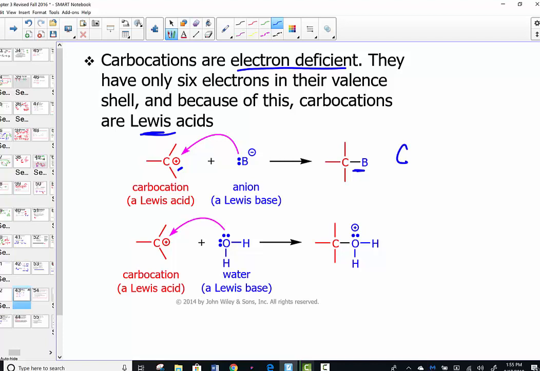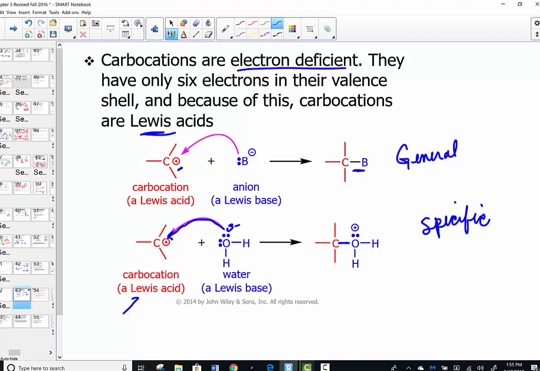This is kind of a general formula, but if you look at a specific example, you see that water, for example, has two sets of electron pairs on that oxygen. Water is very electron-rich on the oxygen. And it can form, again, watch the arrow, it's going to attach to the carbon, which is electron deficient, and form a new bond between the carbon and the oxygen.